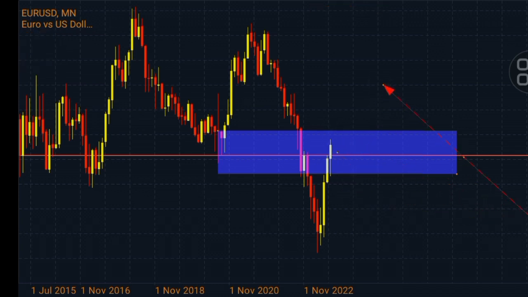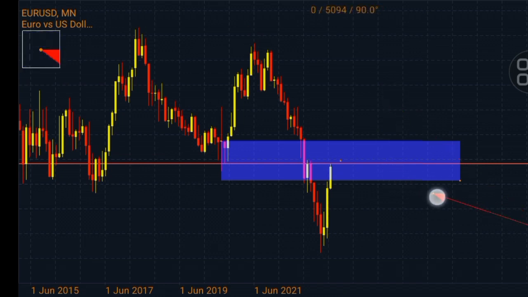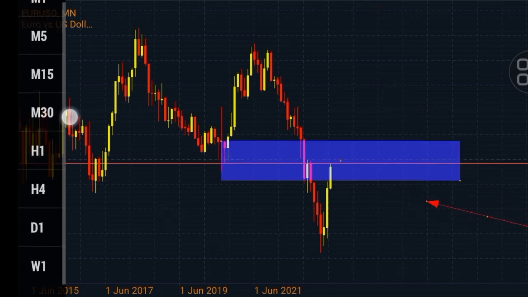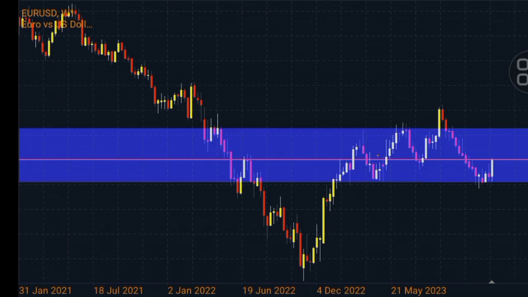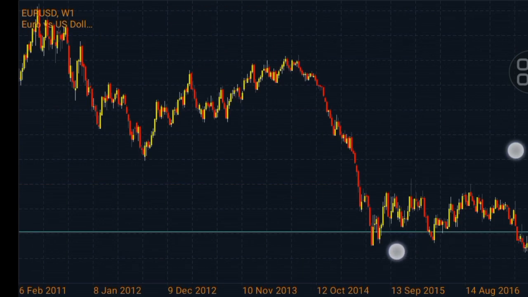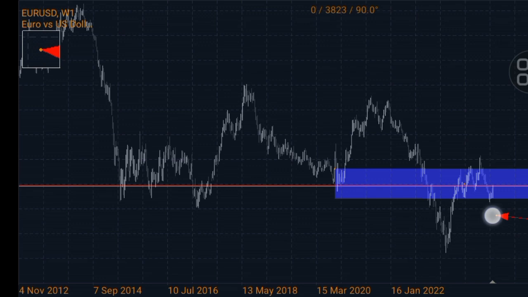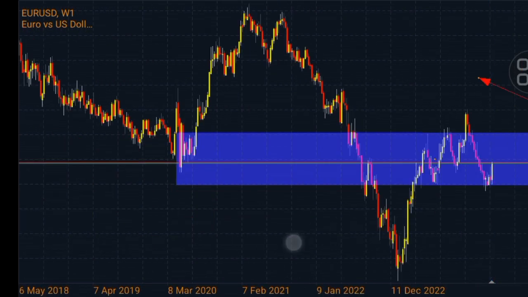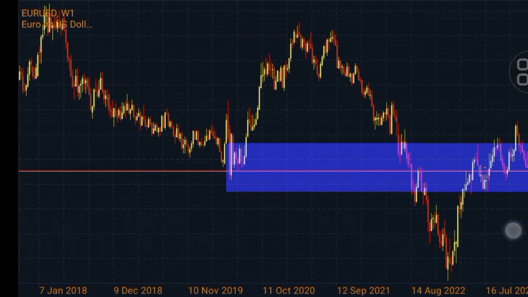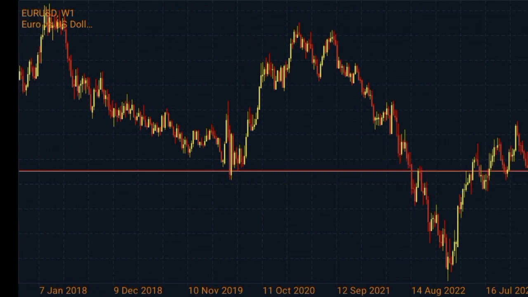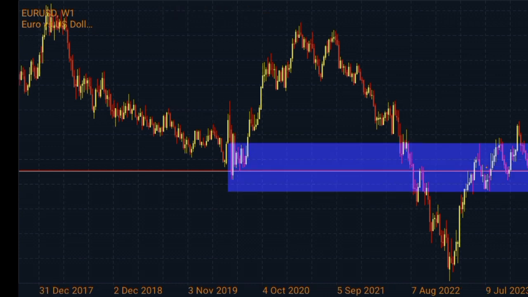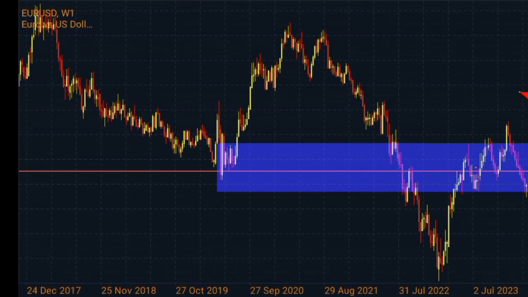So let me dive into weekly. On weekly, this is what we have in the zone that I marked in the blue box.